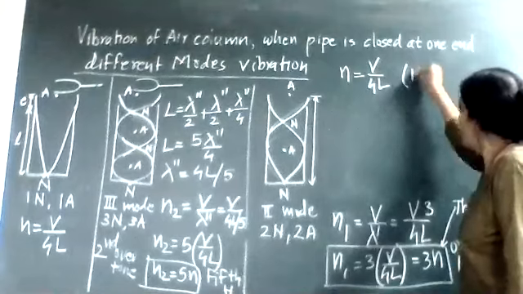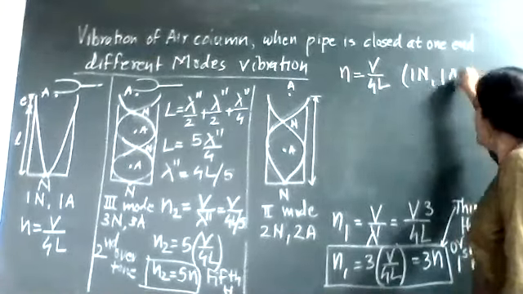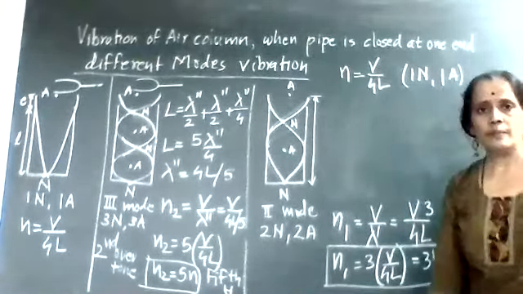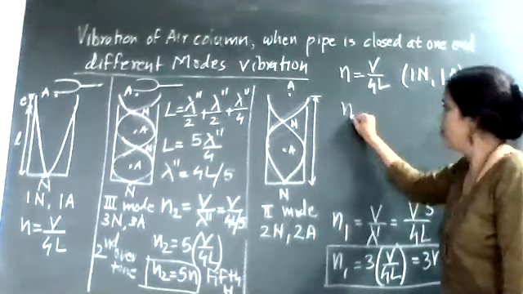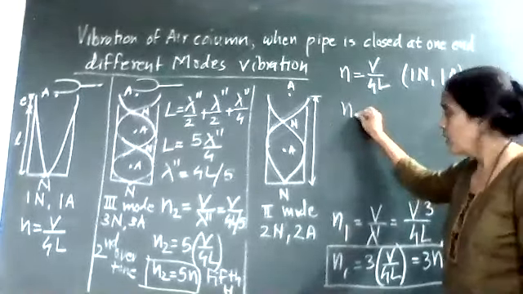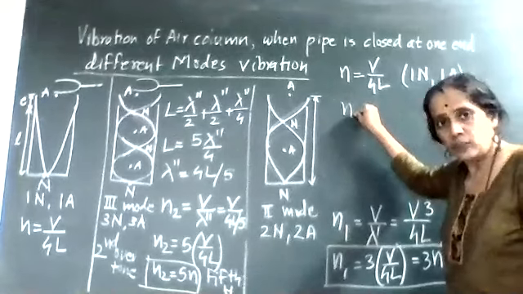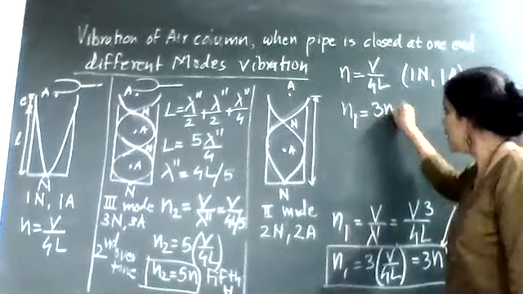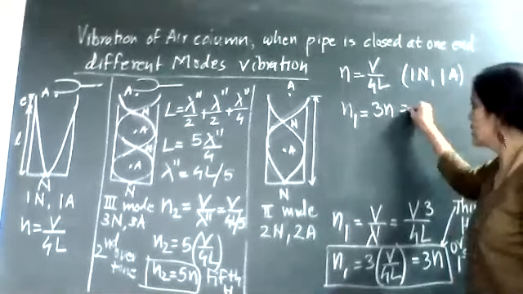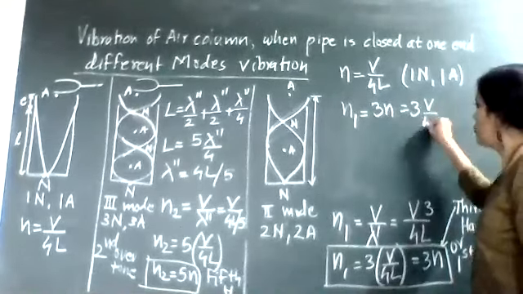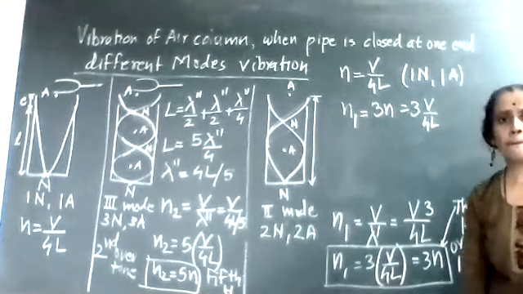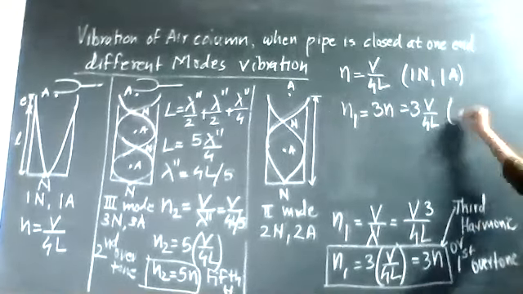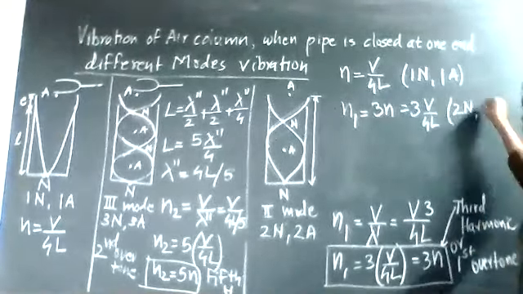How many nodes are formed? One node, one antinode. Second mode: it is vibrating with the first overtone, so N1, which is equal to 3N, which is equal to 3 into V by 4L. How many nodes are formed? Two nodes, two antinodes.